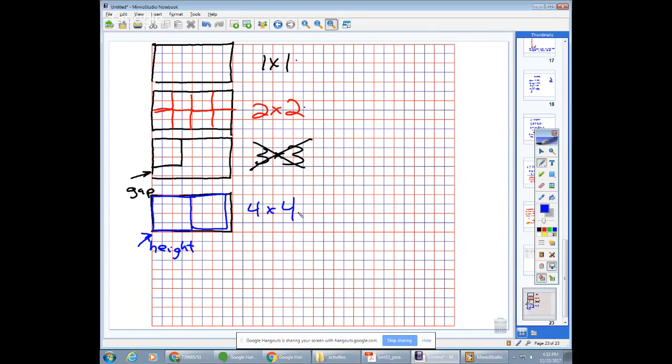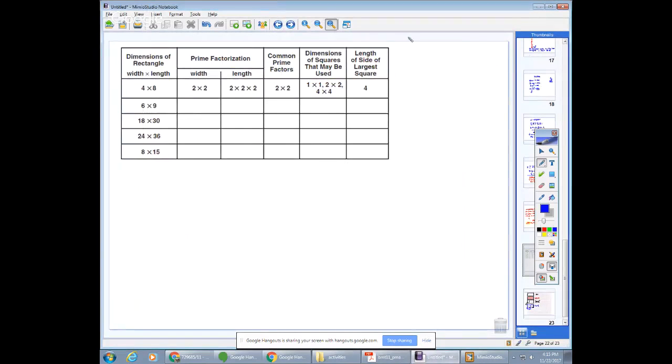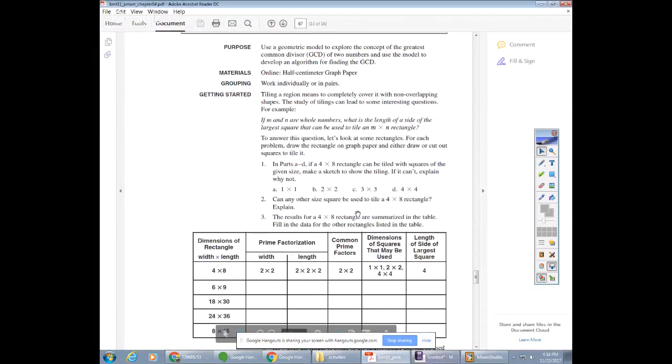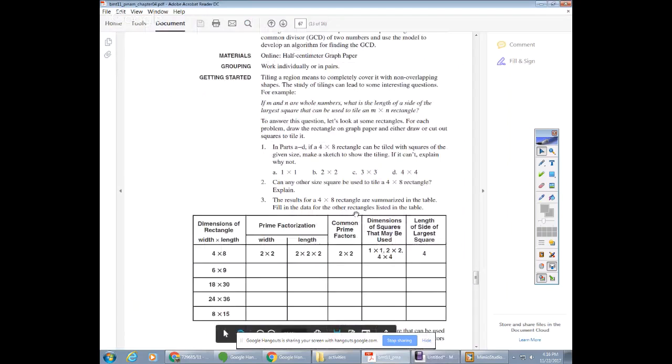Okay, so let's write that down in our grid, or they already wrote it down in the grid. So back to, where'd my grid go? Oh, there it is. Which activity is this? This is activity number 2. Am I on the wrong one? Uh-oh. Oh crap, I'm on number 5.